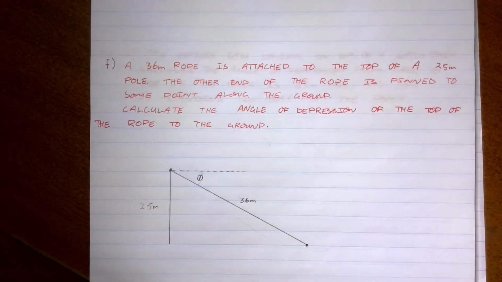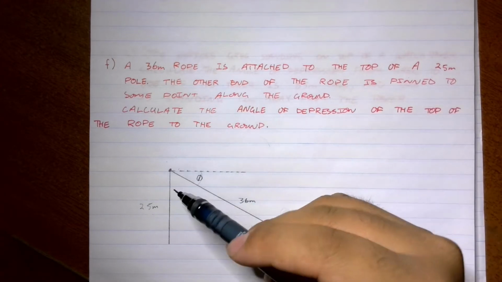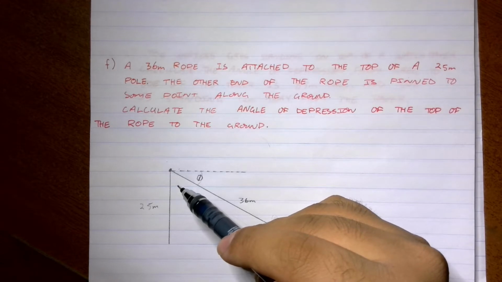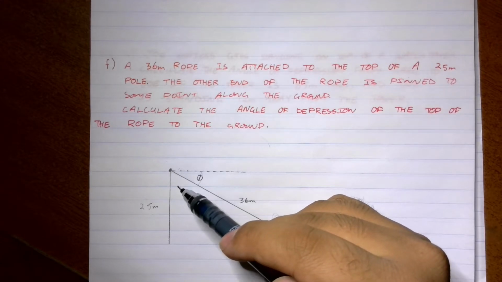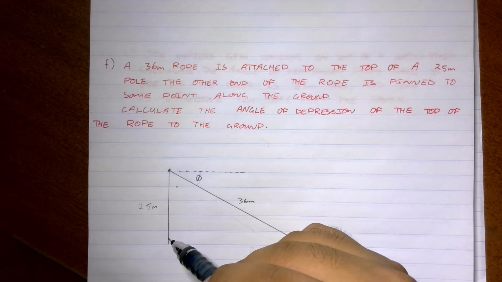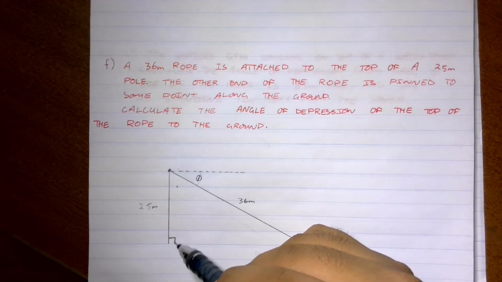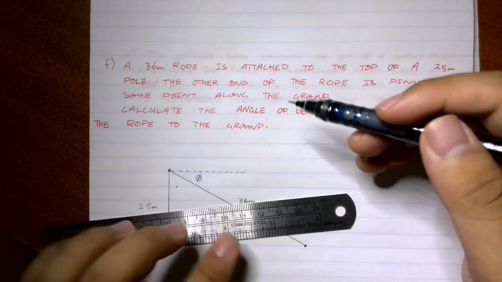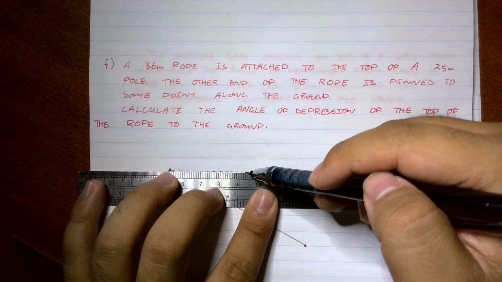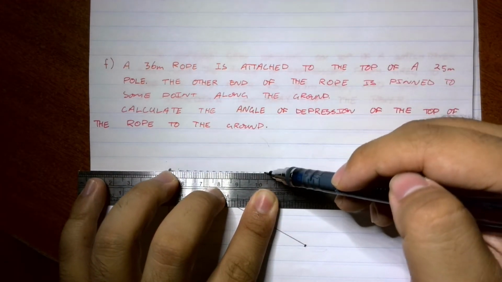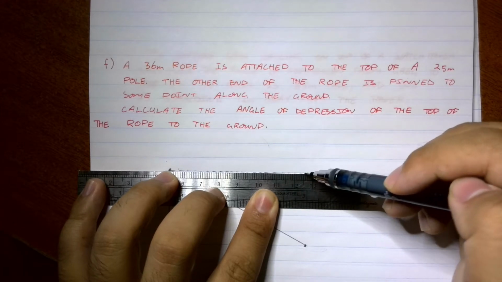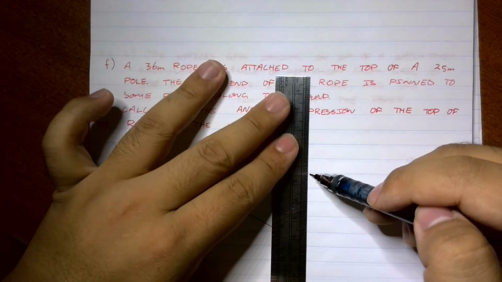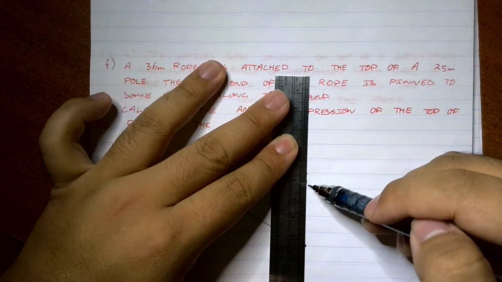Okay, so how will we go about doing this? Well, there are two ways we can go about doing it. We could calculate this angle, because this angle is inside our right-angle triangle here, if you can see it. Or, like we did in my previous video, we can extend this triangle out this way and make it like so.